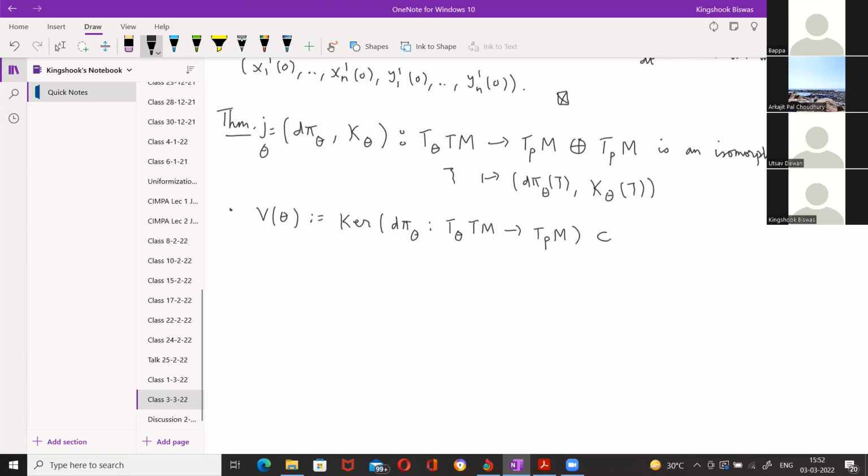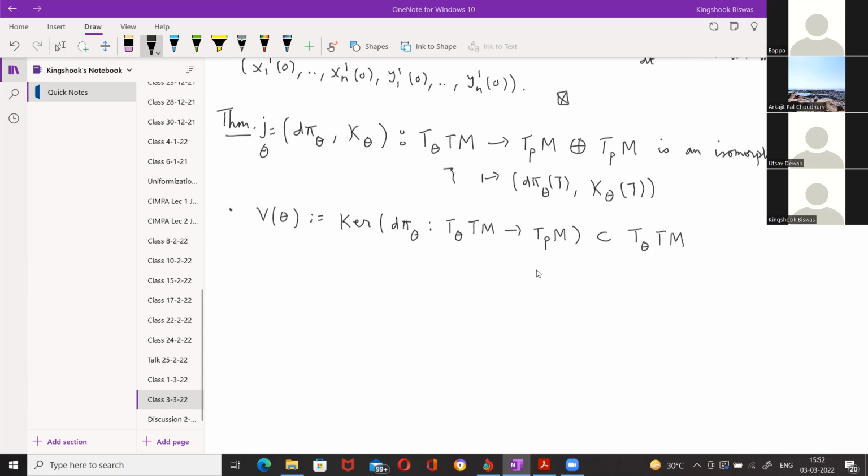So this is a subspace of T theta TM. What does it mean to be in the kernel of d pi theta? That means the foot is not moving. You're only moving your head. You're standing still in the same spot and you're moving your head.